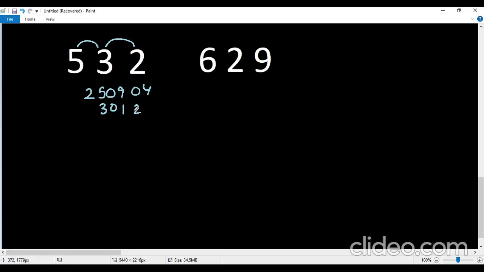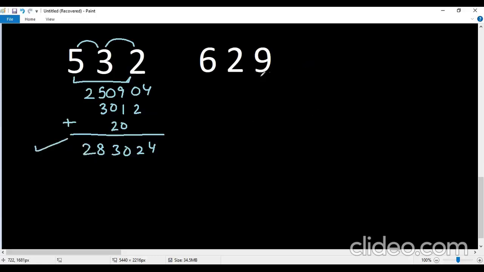Now 5 times 2 is 10. 10 plus 10 is 20, and I will write 20 like this. I will add them up. Once I add, this is going to give us 4. This will give you 2. 9 plus 1 is 10. 1 goes on top. 2 becomes a 3. And 3 plus 5 is 8. 8. And this 2 is going to come here. This is your final answer.